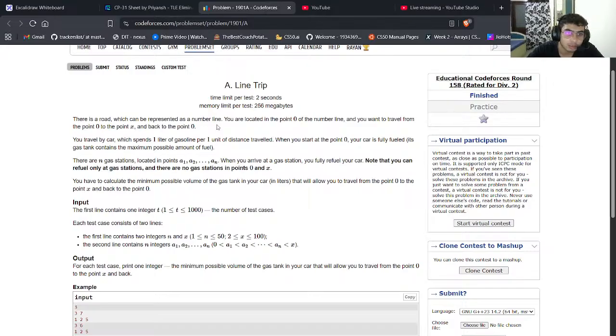You travel by car, which means 1 liter of gasoline per 1 unit of distance traveled. So if we are traveling X units of distance, we are burning X liters. When you start at point zero, your car is fully fueled. Its gas tank contains the maximum possible amount of fuel.